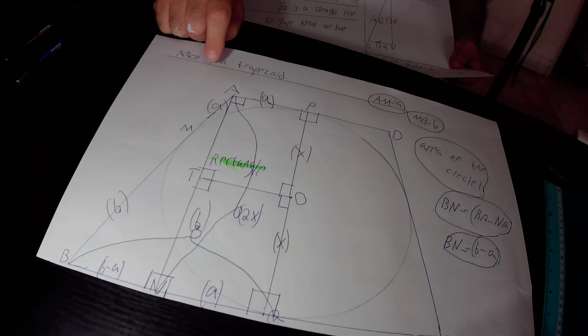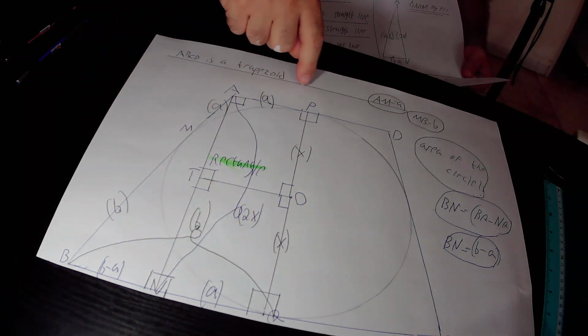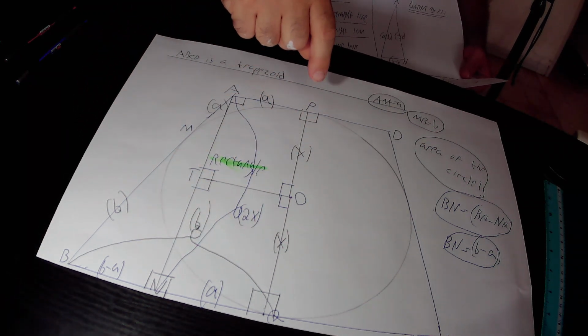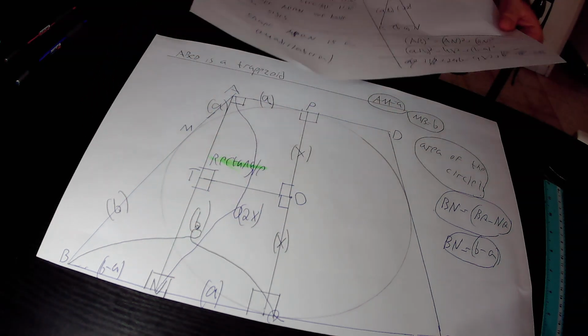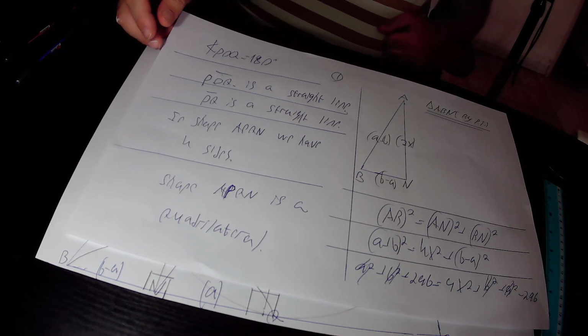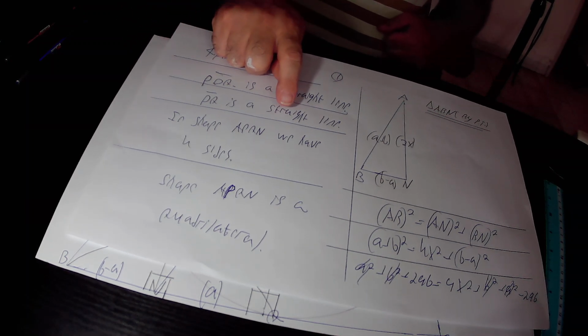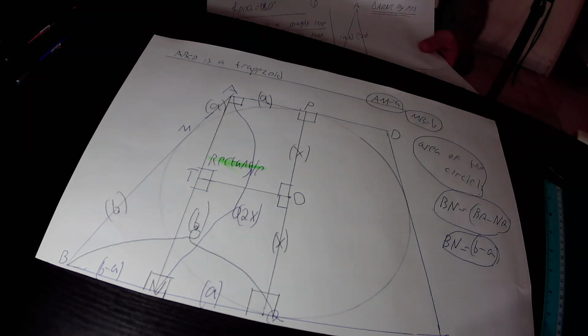So inside this shape APQN, we have 1, 2, 3, 4 sides. Repeat again, in shape APQN we have 4 sides, and therefore shape APQN is a quadrilateral.